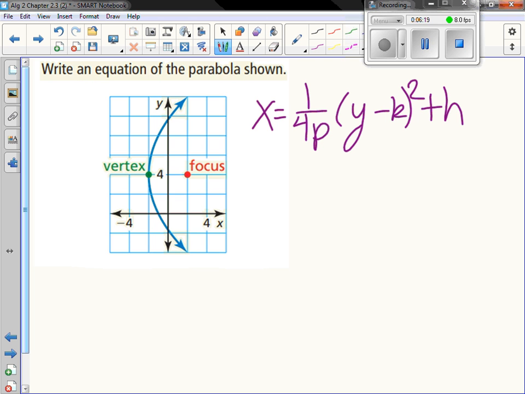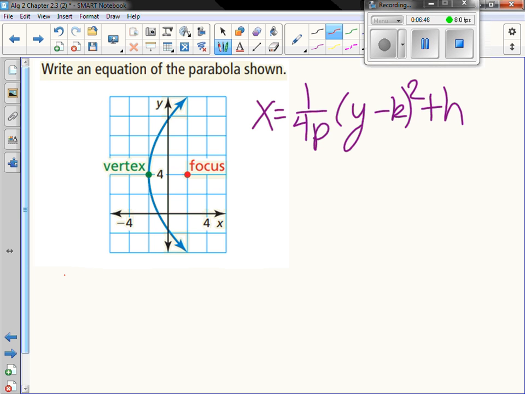And again, when we have y equals or x equals, remember that the values of h and k switch places, because h is on the inside when it's y equals, k is on the inside when it's x equals. So it's going to be important to remember that swap. And if you're referring back to the equation, instead of trying to pull it from memory, you won't have any issues with that swap.